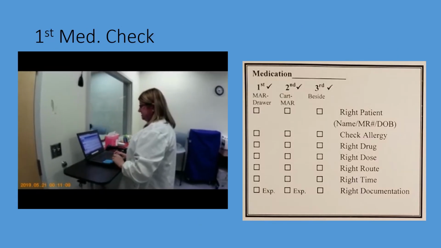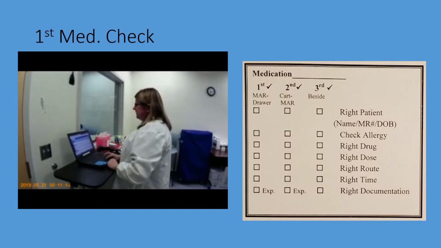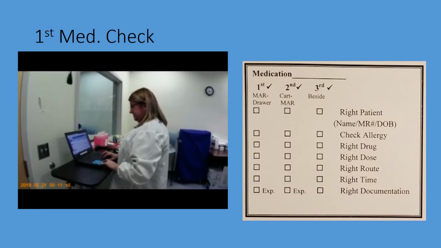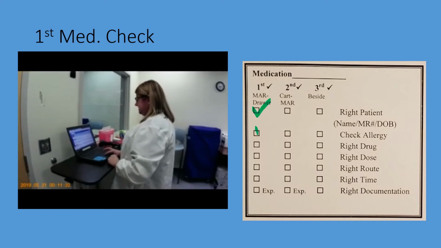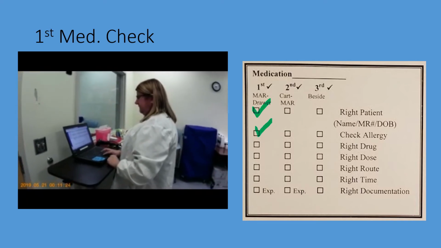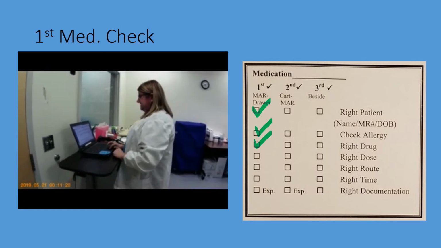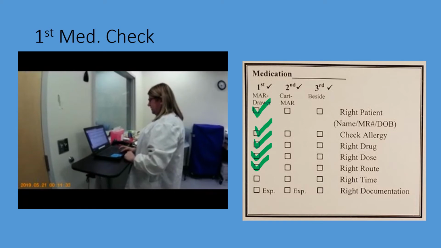My first medication check, I have Kyle Miller, medical record number 823-7549. Date of birth is 12/27, and I have no known allergies. My first medication is acetaminophen tablets, 650 milligrams by mouth every 4 hours, due now.